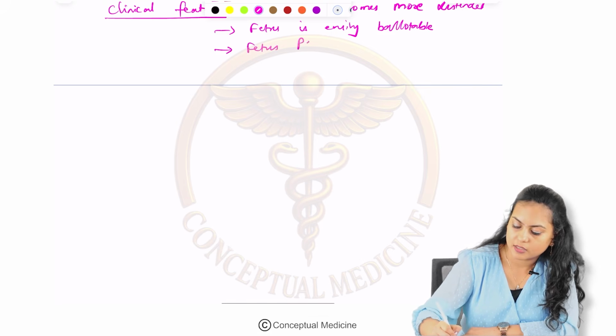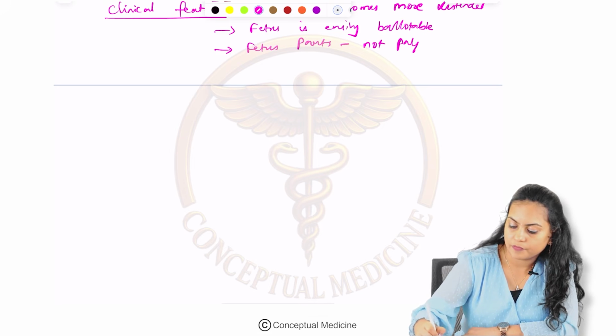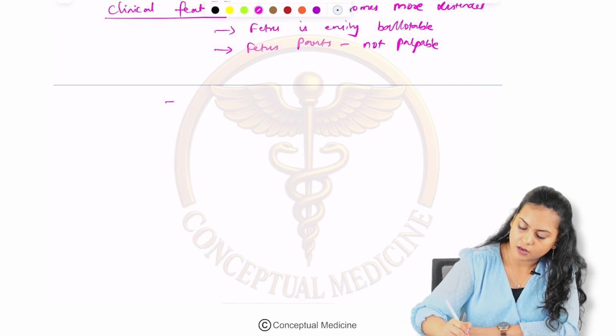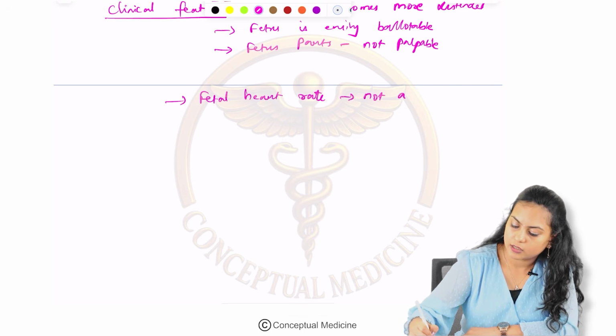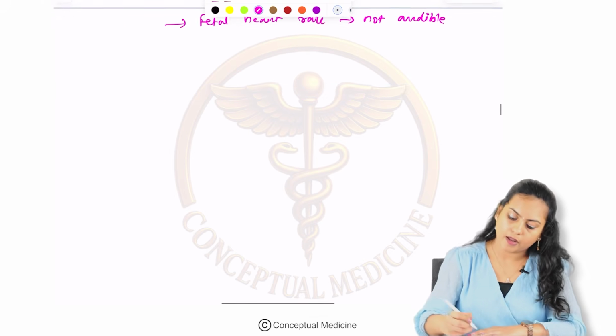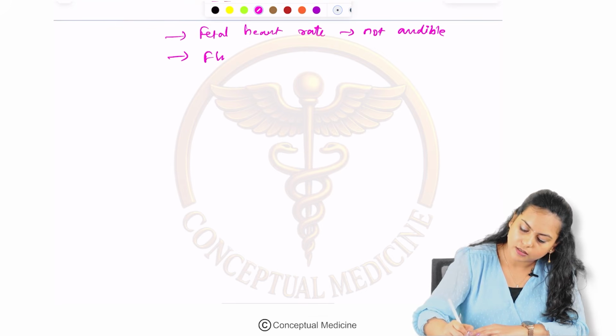Fetal parts are not palpable. Fetal heart rate is not that much audible also, and in these cases fluid thrill can be elicited.